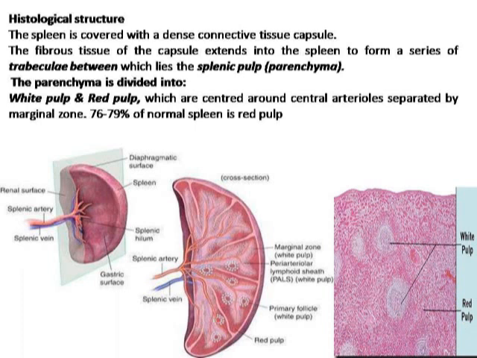The spleen, being an intraperitoneal organ, is covered by a layer of visceral peritoneum, and underneath the peritoneum there is the capsule of the spleen encasing its parenchyma.